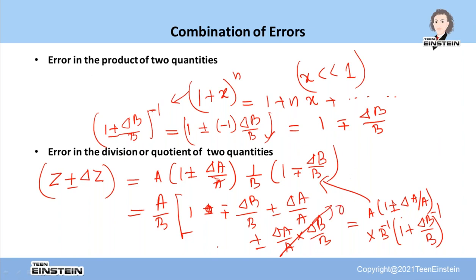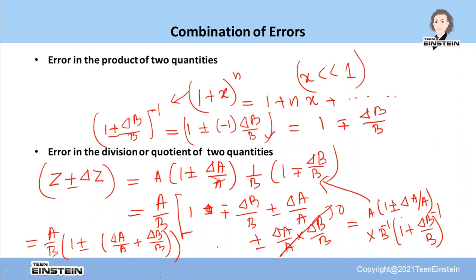Then what you get is a by b, then 1 plus or minus, you have to take plus or minus common, then you get delta a by a plus, actually here you have to take only plus delta b by b.